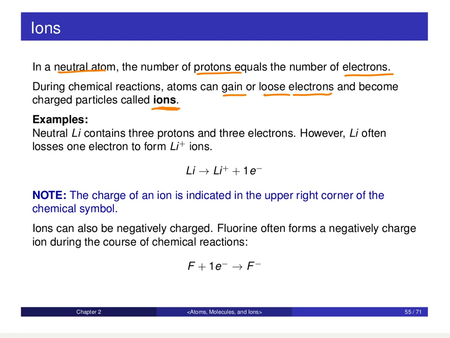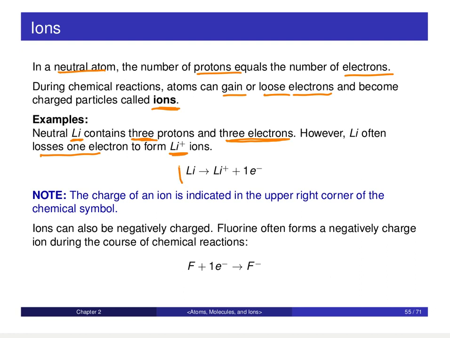One example here, we could look at lithium. Lithium has an atomic number of 3 and therefore has 3 protons. If you just look at a neutral lithium atom, you then, of course, have 3 associated electrons. What we'll see is that lithium often loses 1 electron to form lithium plus ions.